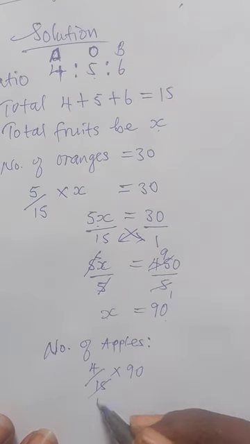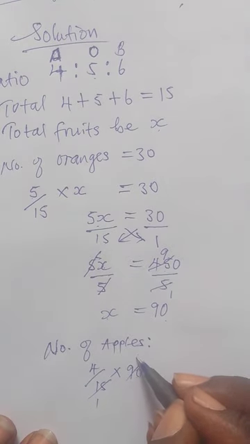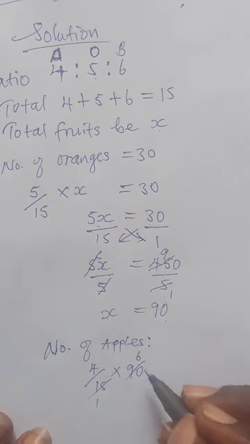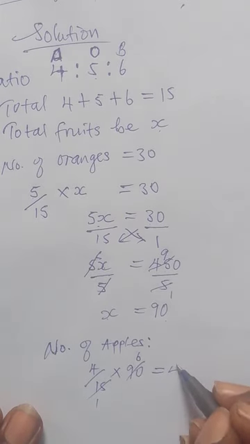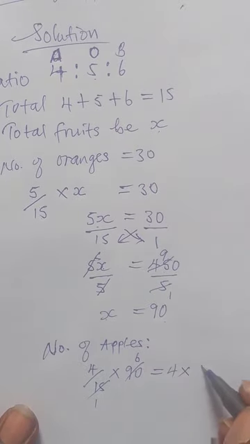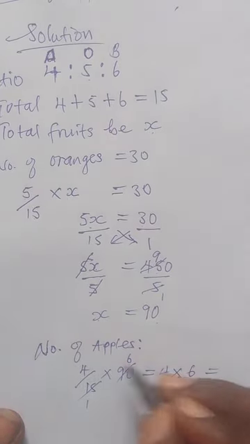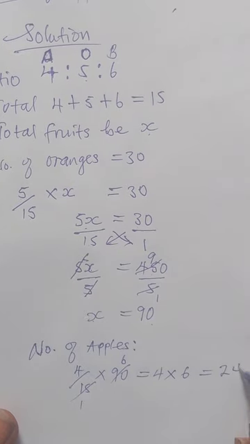If you check how many times 15 can go into 90, you observe and agree with me that it is 6 times. So we now have 4 times 6. Definitely the number of apples is 24.